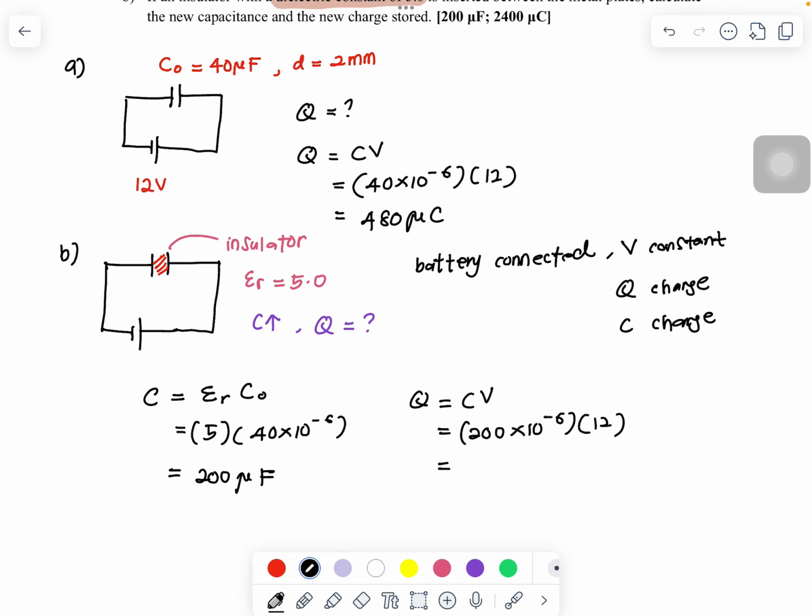So it will be equal to, let me check, 200 times 12. So you get 2,400, is it? Okay, 2,400 microcoulomb.